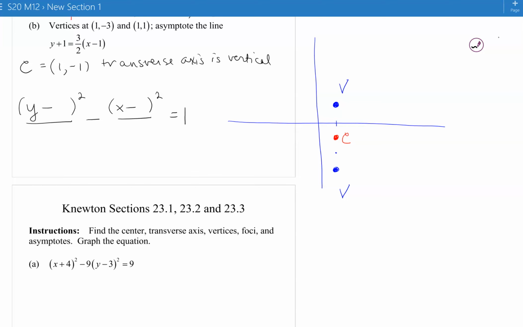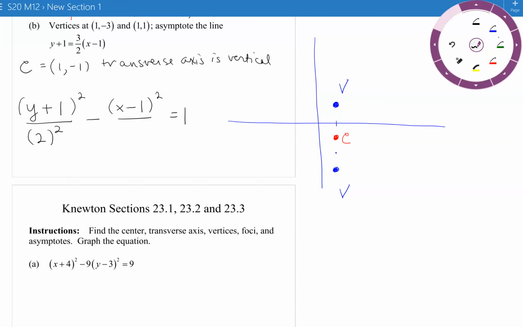And in the y direction, I went up 2 and down 2. So under the y squared term is 2 squared. And we see where the center is. So we're going to have x minus the 1 for the shift in the x direction, and then y minus -1, which is y plus 1, for the shift in the y direction.